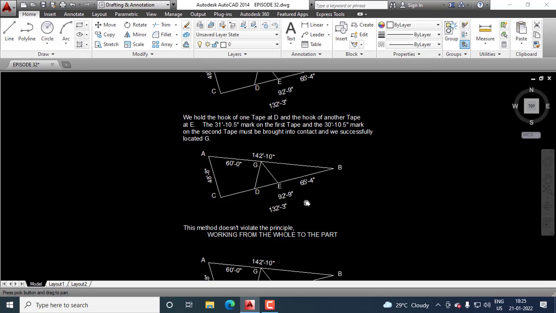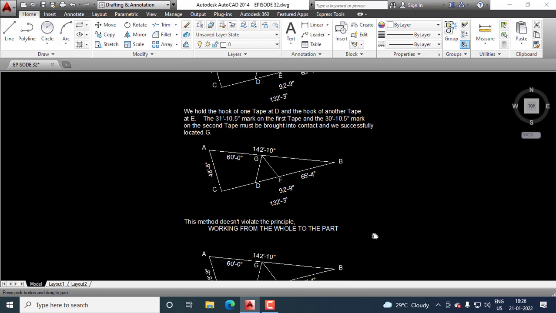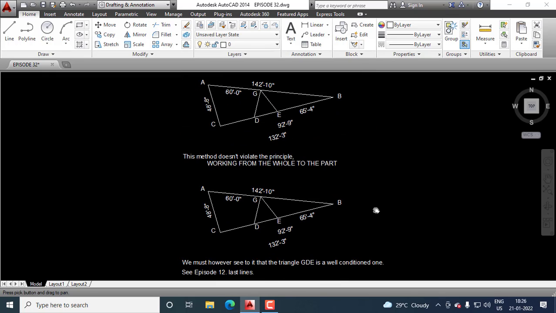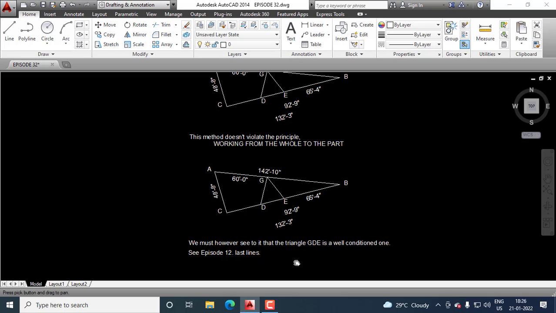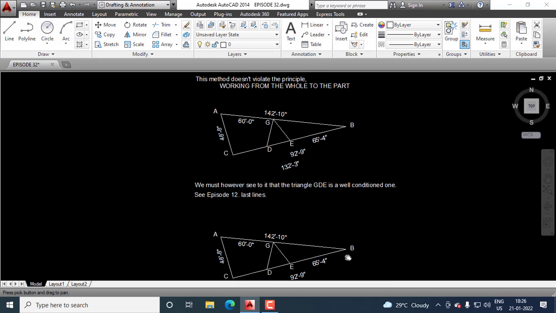This method doesn't violate the principle of working from the whole to the part. We must, however, see to it that the triangle GDE must be a well-conditioned one. A well-conditioned one is described in episode 12, last lines.